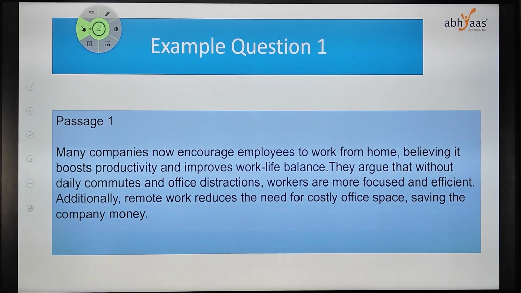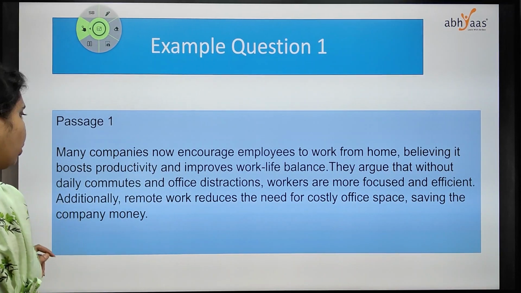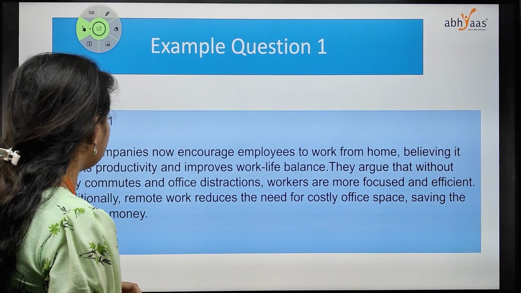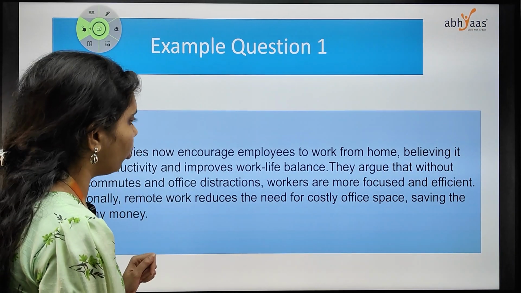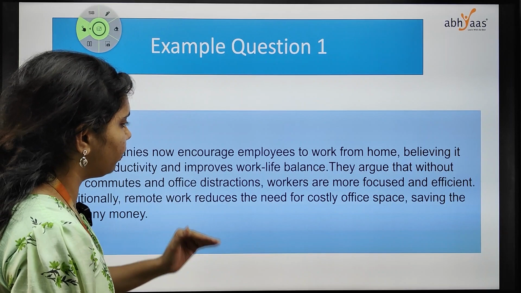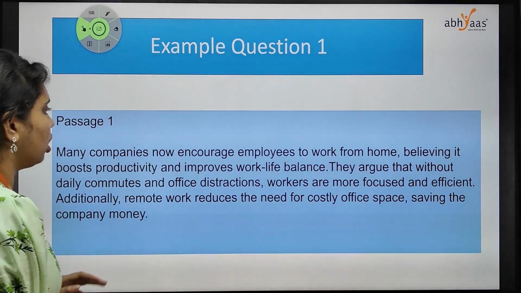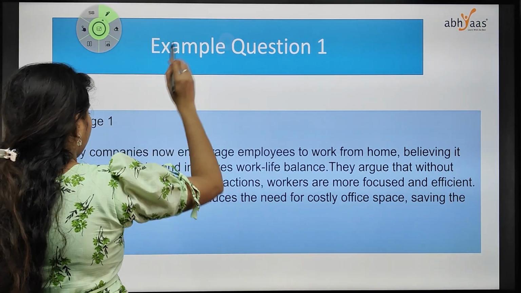Many companies now encourage employees to work from home, believing it boosts productivity and improves work-life balance. They argue that without daily commutes and office distractions, workers are more focused and efficient. Additionally, remote work reduces the need for costly office space, saving company money. Okay, so here he says that working from home benefits both the company and the employees.